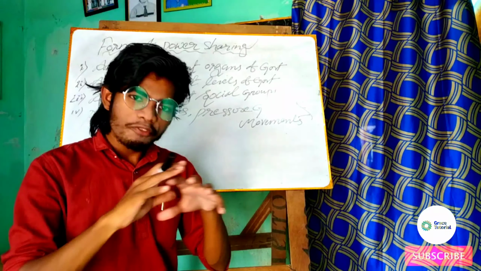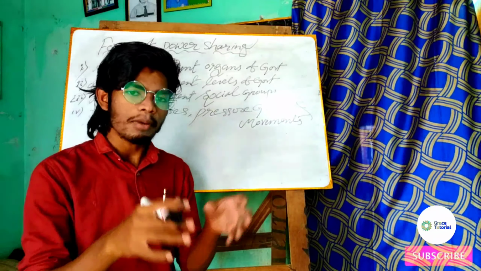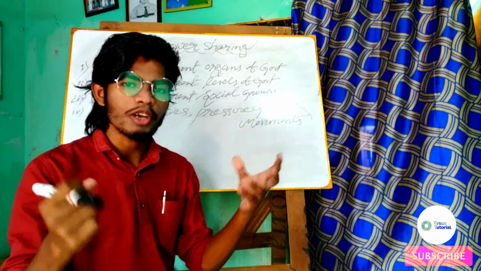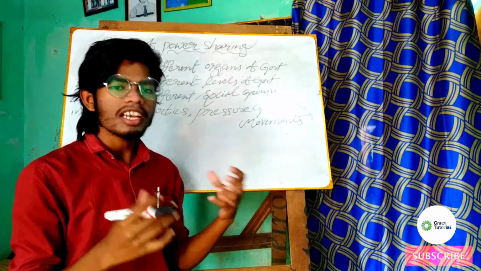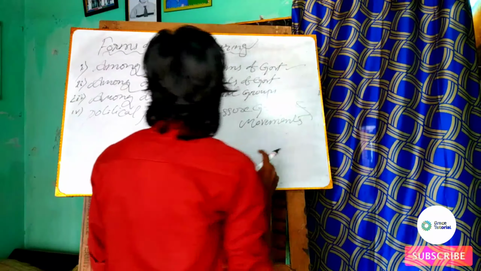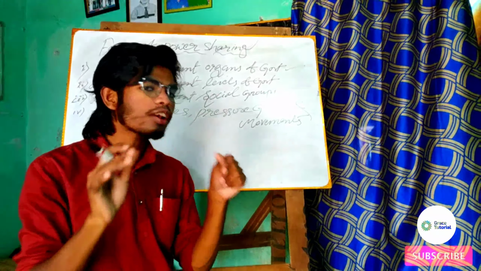What are the different forms of power sharing? Let us try to understand, because there may be a question in the examination for you: explain the different forms of power sharing. That is what I am going to explain in this video. The power can be shared among the different organs of the government. My dear students, what are the different organs of the government?